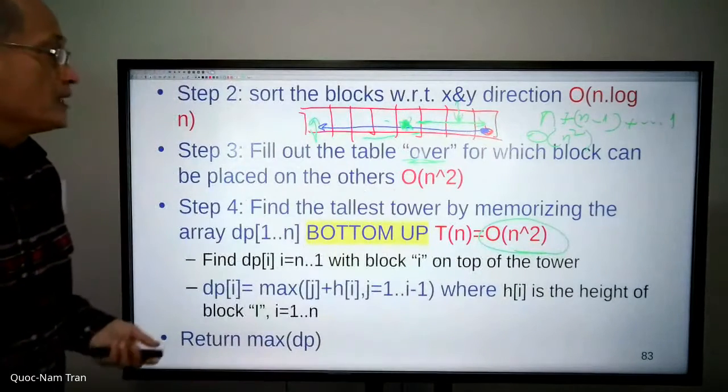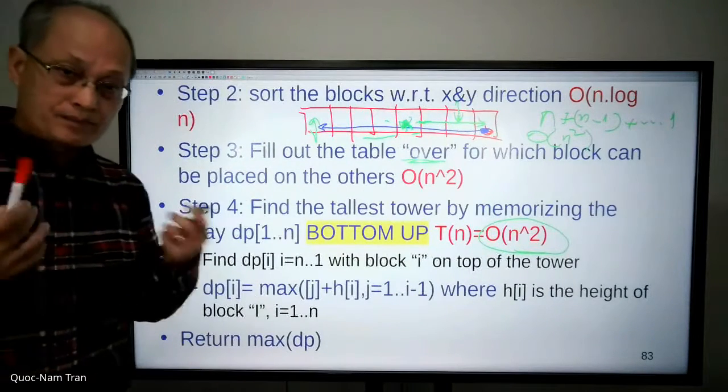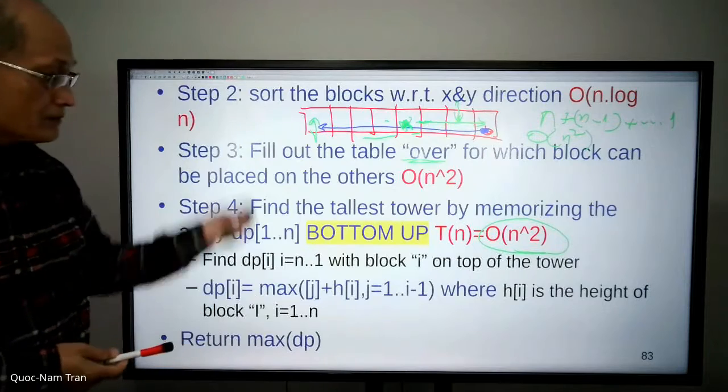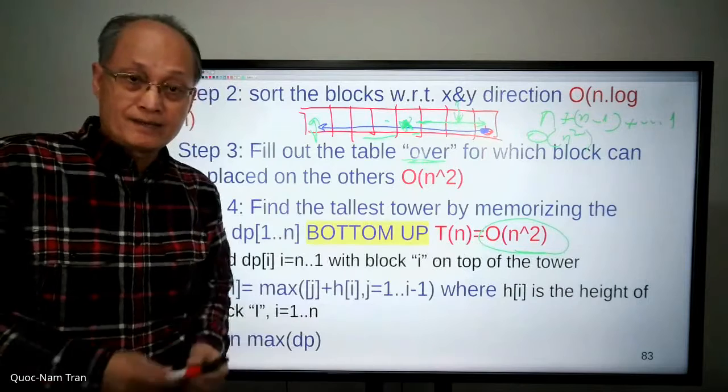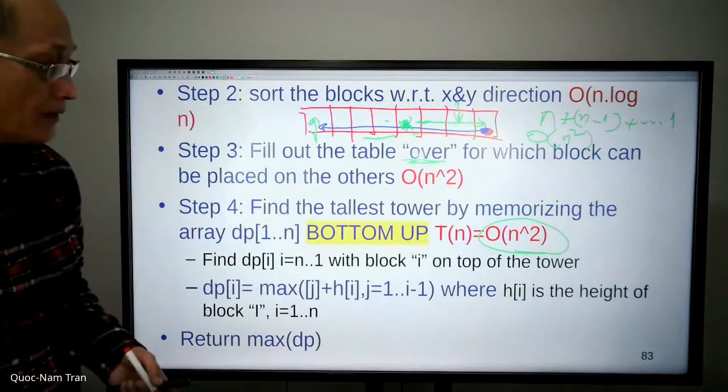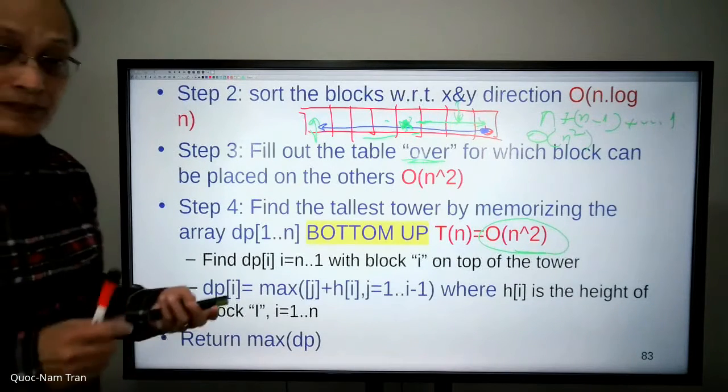In general, the total complexity for this dynamic programming is big O n squared, right? So that is what we have for the complexity.